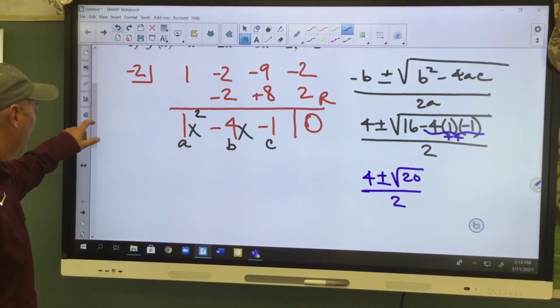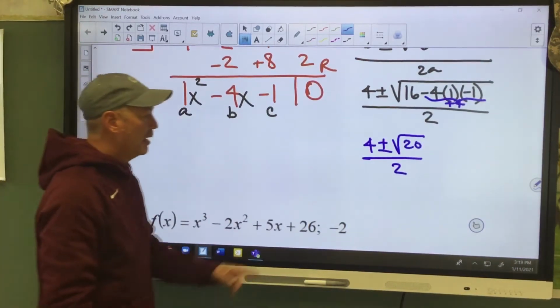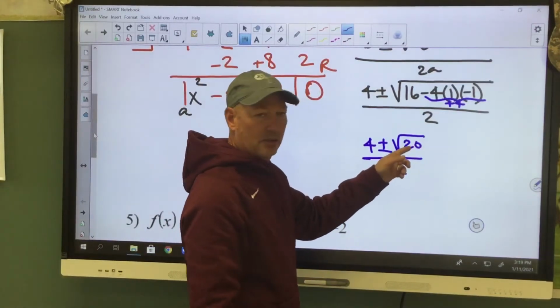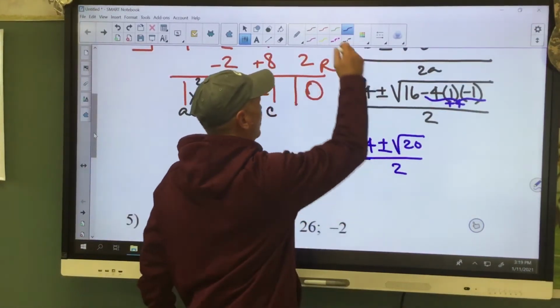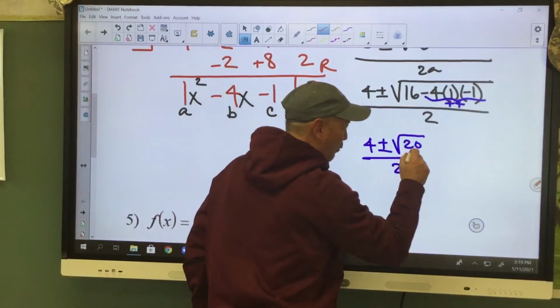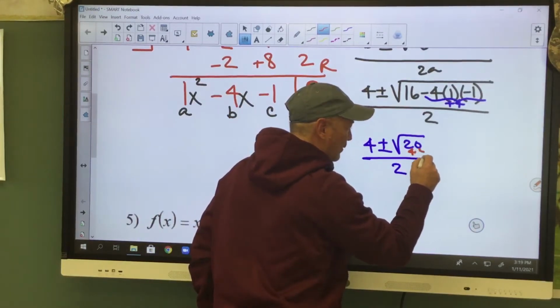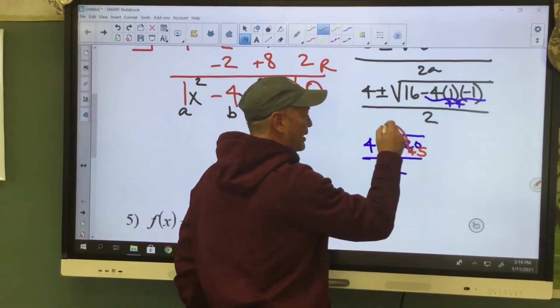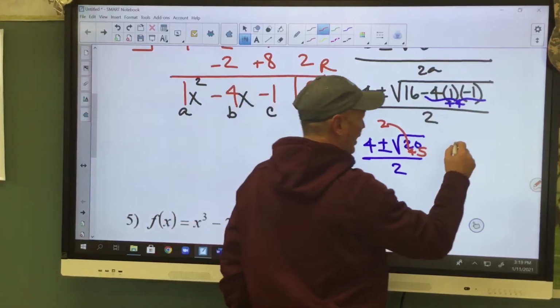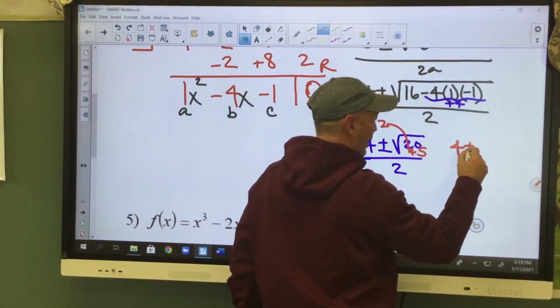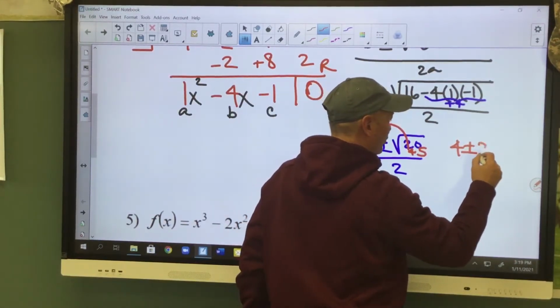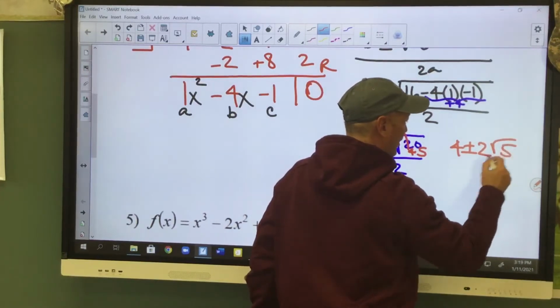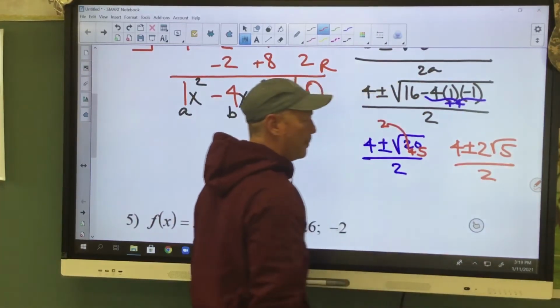We give ourselves a little bit of room to work with. This will break down the square root of 20. The square root of 20 is going to come out to be 4 times 5, which allows me to take out a 2. I'm going to get 4 plus or minus 2 square roots of 5 over 2.